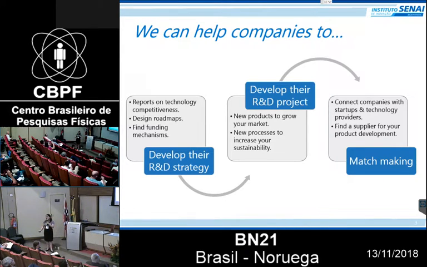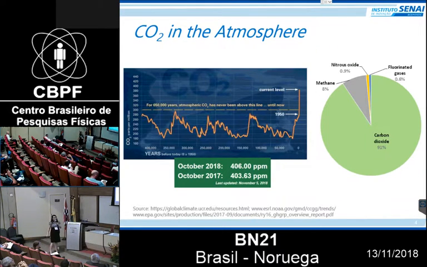We are spread all over the country, and we can help them to find suppliers, connect to companies, startups, and etc. And we have been working on CO2 and specifically one carbon feedstocks at the institutes, specifically in the platform that I'm in charge, that is the synthetic biology.